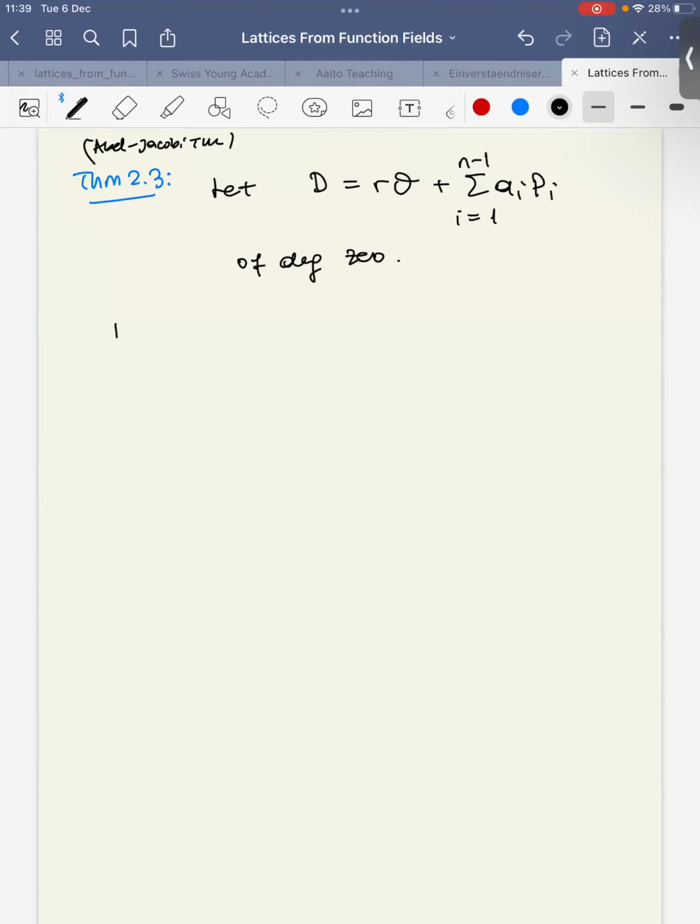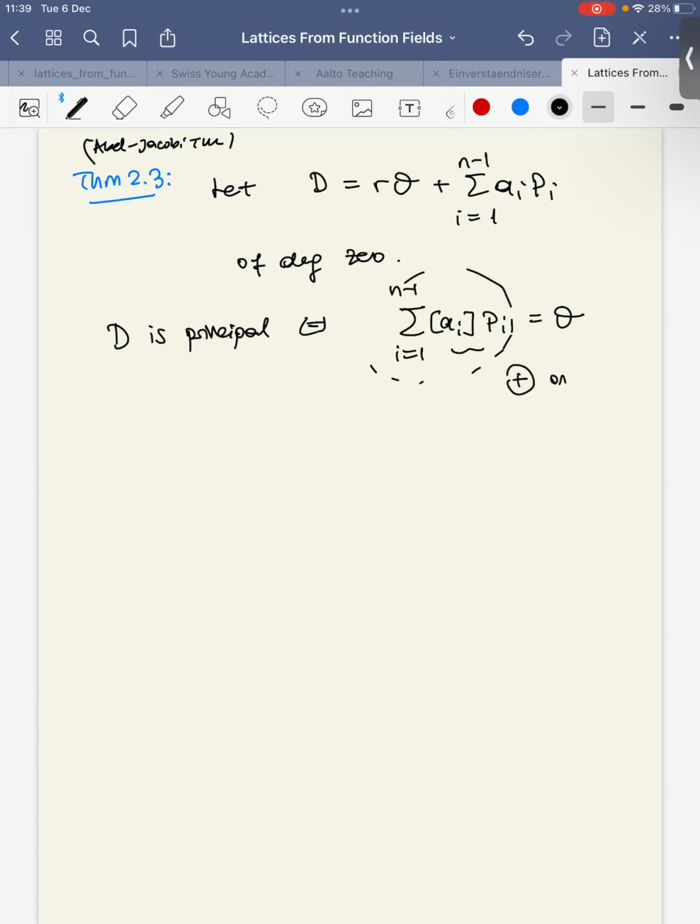We say that this degree 0 divisor is principal if and only if this sum is equal to O. So here we mean, again, the elliptic curve addition. Here we consider the addition on the set of rational points, while there we are considering the addition on divisors.